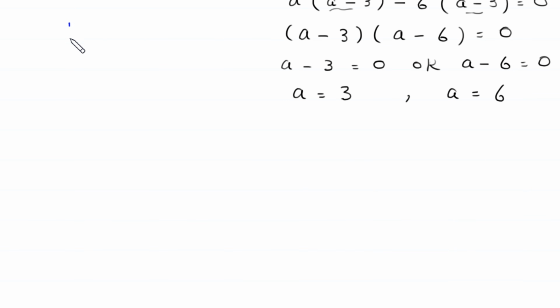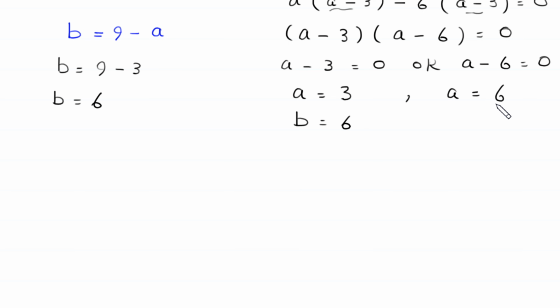We use this equation b is equal to 9 minus a. So when a is 3, then b will be equal to 9 minus 3, and b will be equal to 6. So when a is 3, then b will be 6.